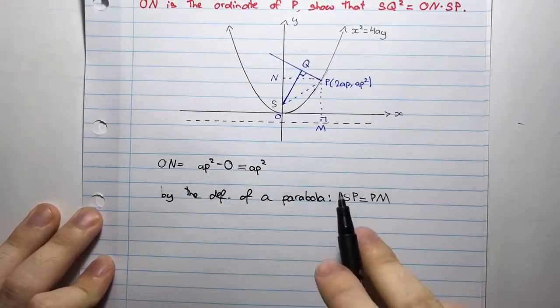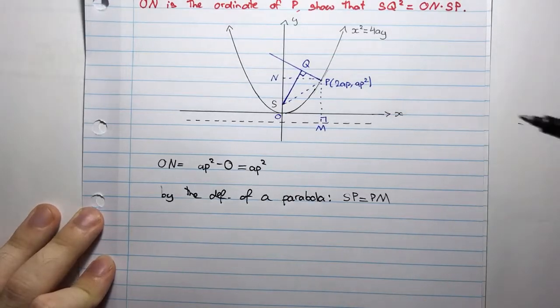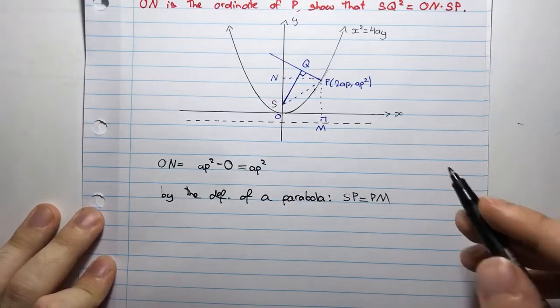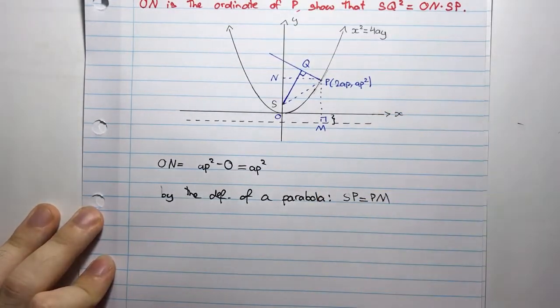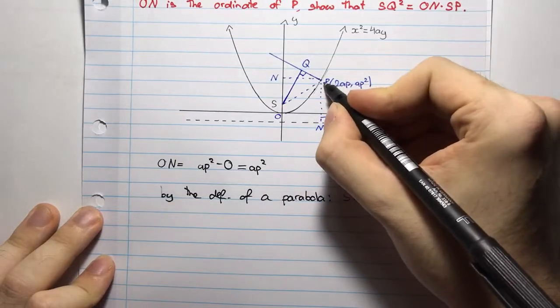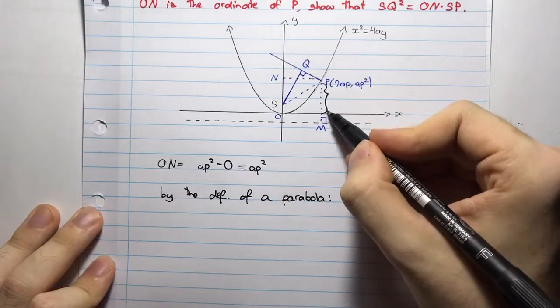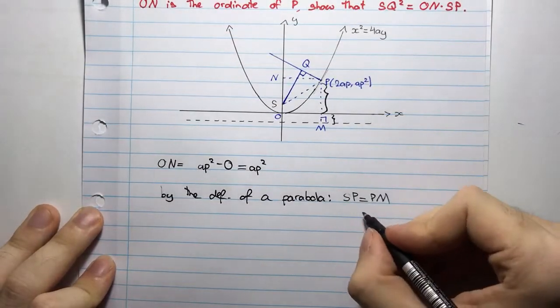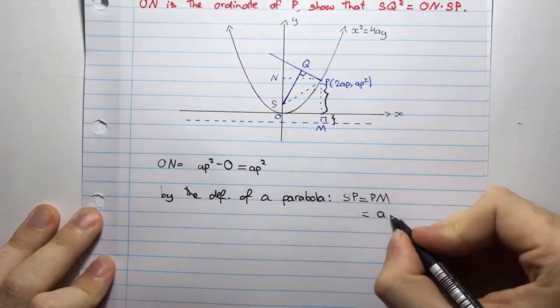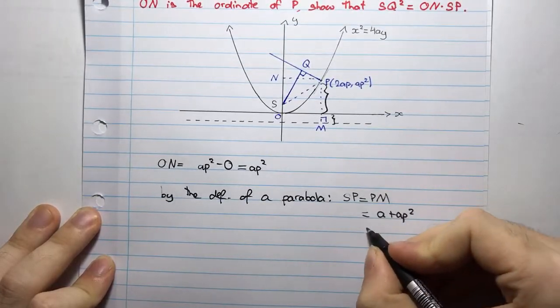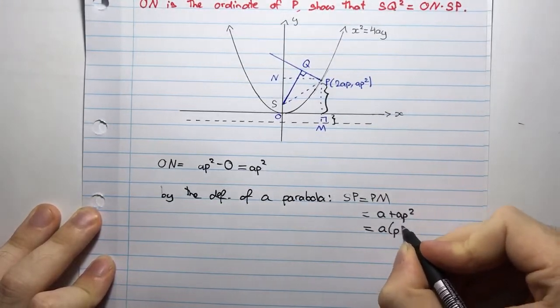Now, why is that helpful to me? Well, what's PM? PM is another vertical distance, and that is also easy to work out. It's going to come from that distance in there plus this distance here. So that's a distance of A. That's a distance clearly of AP squared. And so SP is equal to A plus AP squared, which is A into P squared plus 1.